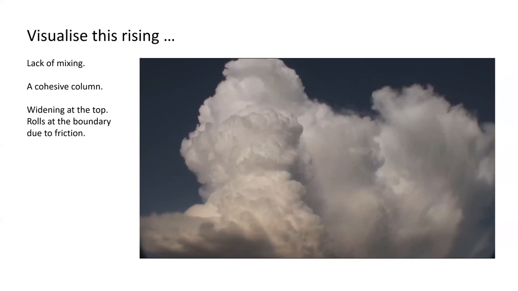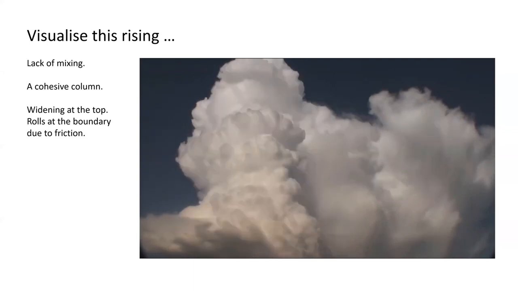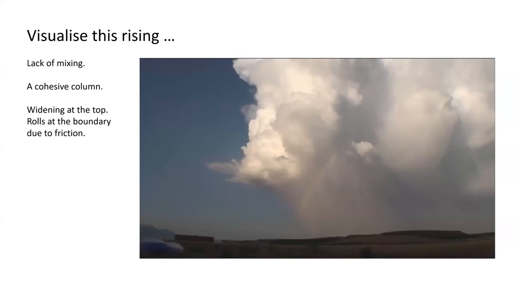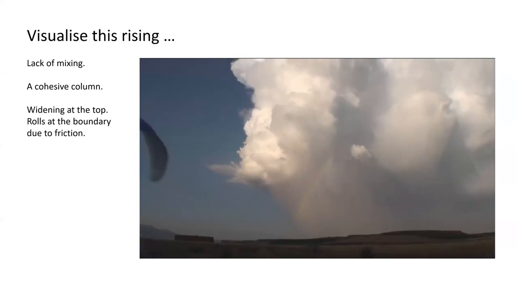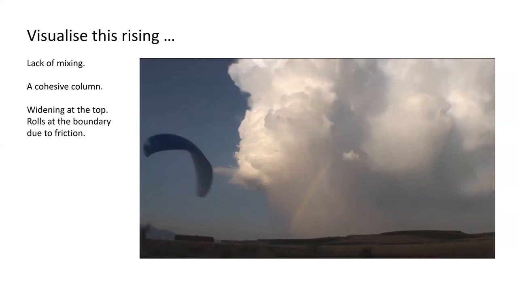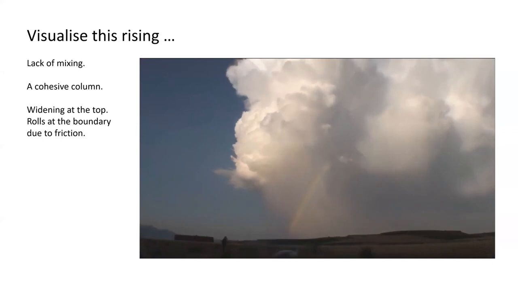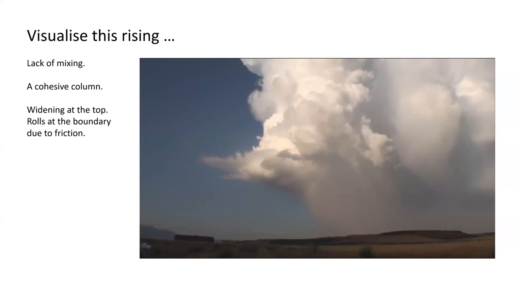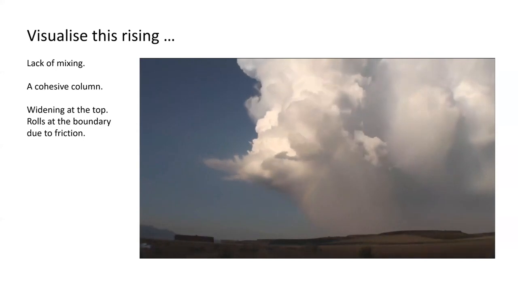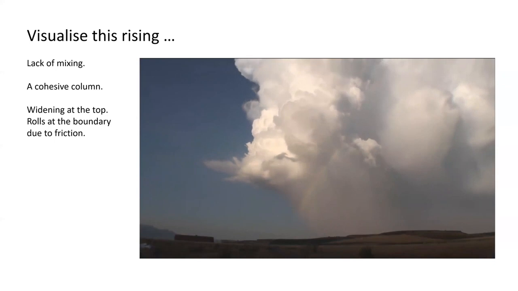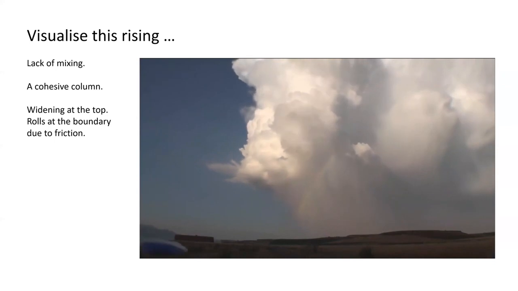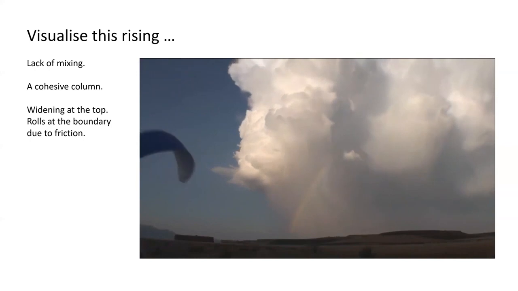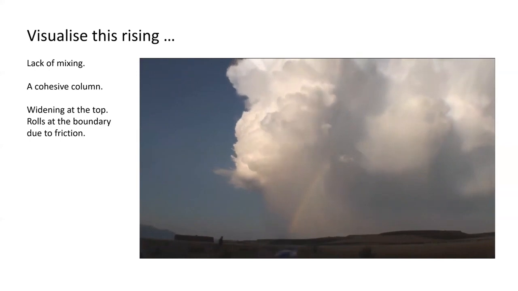But you can see that there's a lack of mixing, because even as it moves through the atmosphere with its environmental lapse rate, it's got a different density. And that difference in density causes it to have a very clear, marked boundary. It forms its own cohesive column, even though there's roll associated with it. There's actually not very much entrainment of the surrounding air.